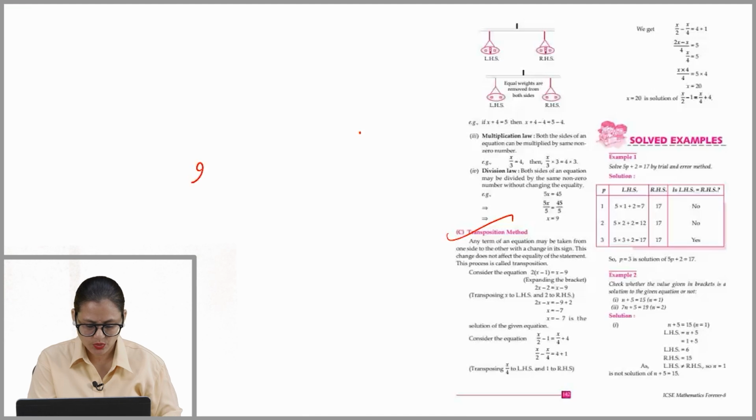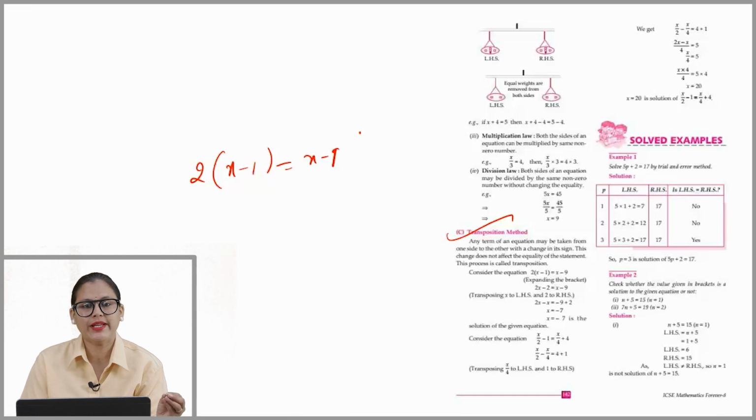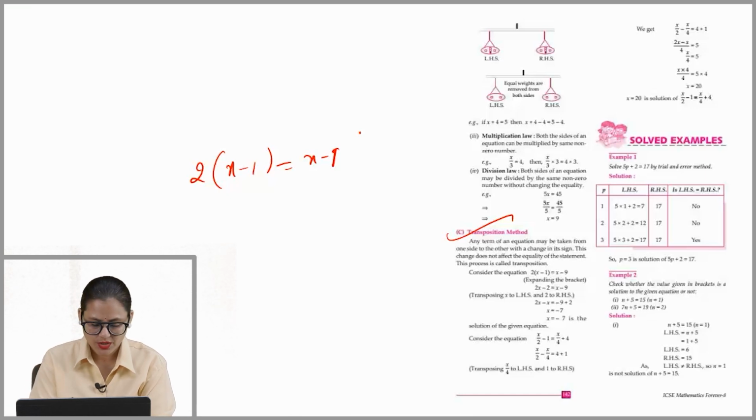2 into bracket x minus 1 is equal to x minus 9. First, we will expand the bracket. 2x minus 2 is equal to x minus 9.